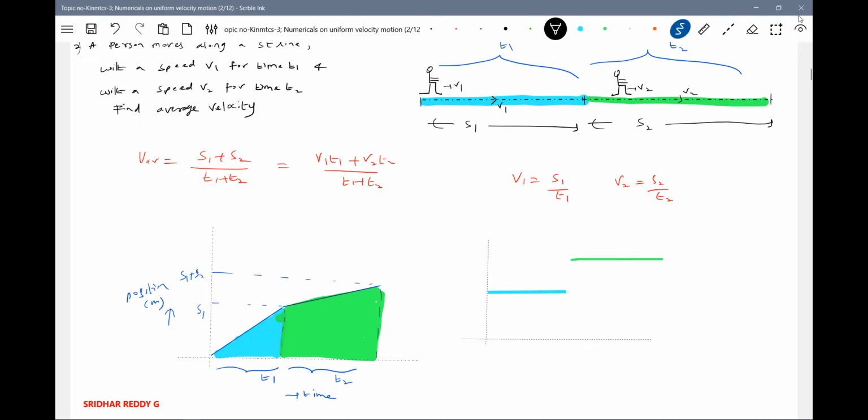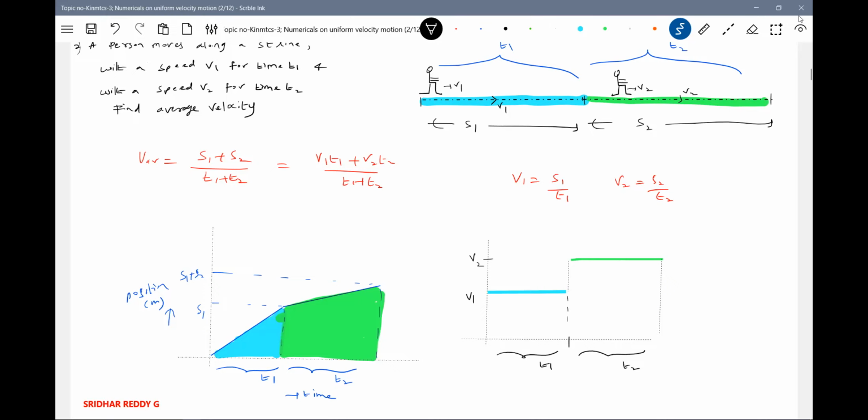Yeah, this is the speed v1 with which the person will be moving. Here, this is v2. This time interval is t1. This is t2. Okay, now you have everything in front of you.